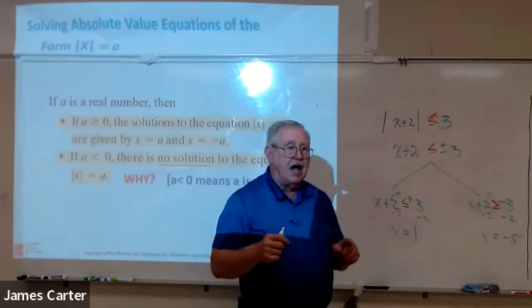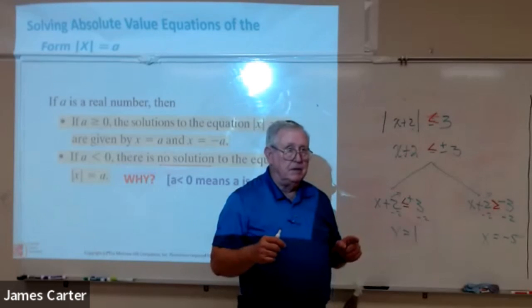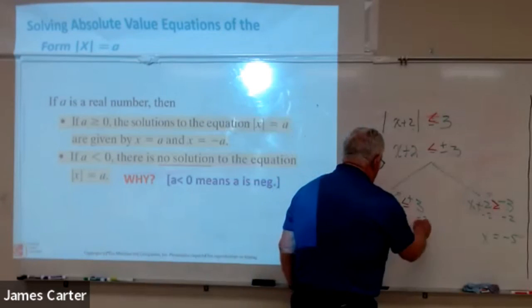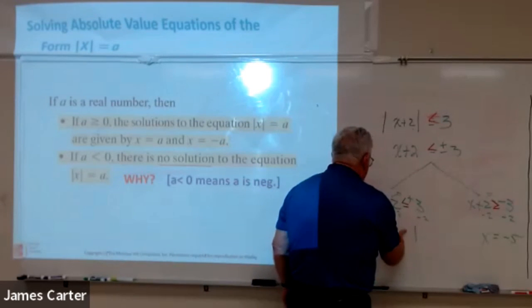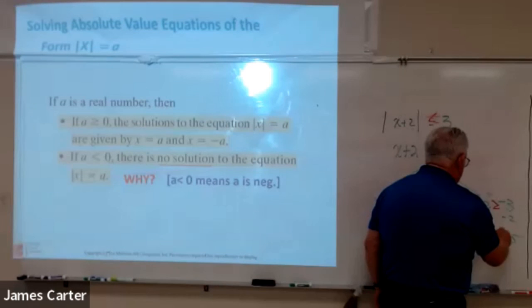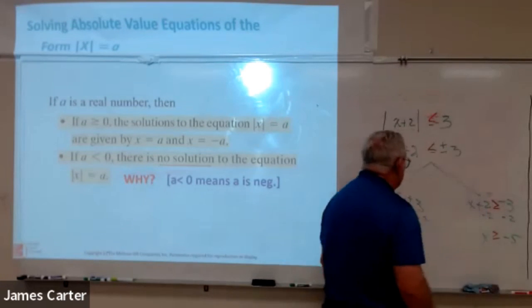On the negative side, you always have to flip. Simple. So in this case, your answer is x is less than or equal to 1. And in this case, x is greater than or equal to -5.